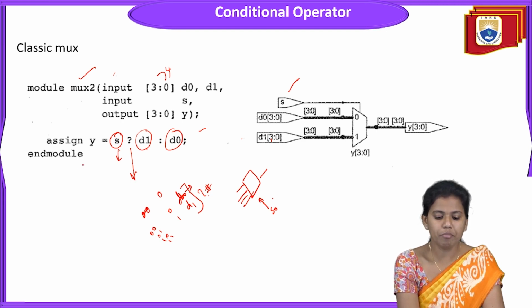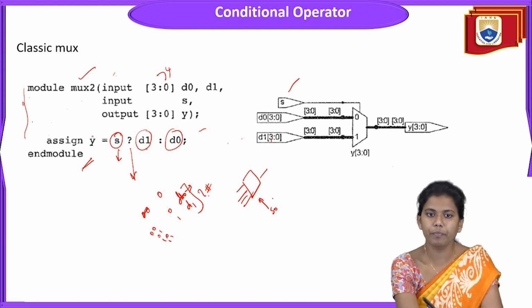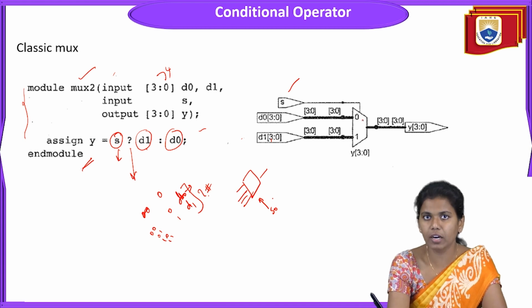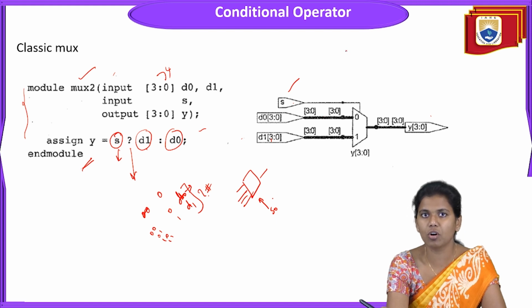Okay, so I'm finally terminating the program. So end module ends the program. And when it comes to the figure here, this is a multiplexer, 0 and 1. D0 and D1 are the inputs as well as the selection line, and the output is given as 3 to 0. Based on the selection lines and the input, the enabling of the bits will occur. Is it D0 or D1?